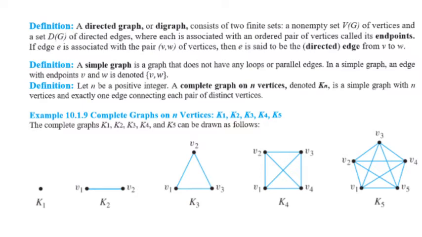So in the directed graph, the endpoints are represented by ordered pairs, not by sets like what we had in previous slides.